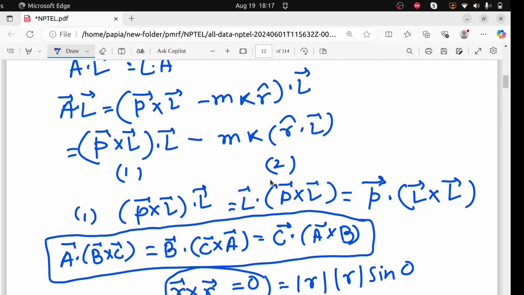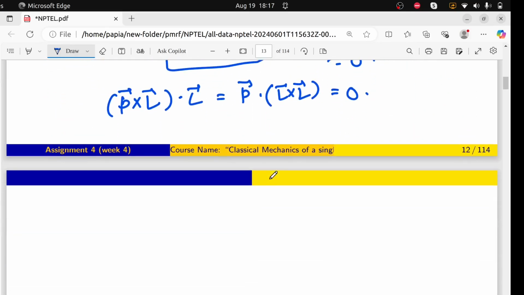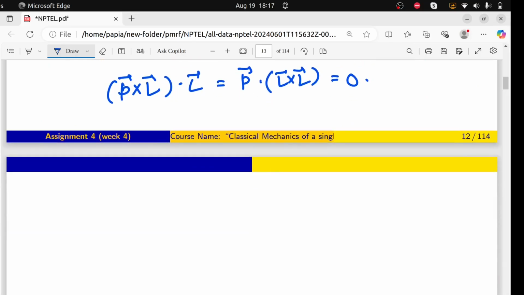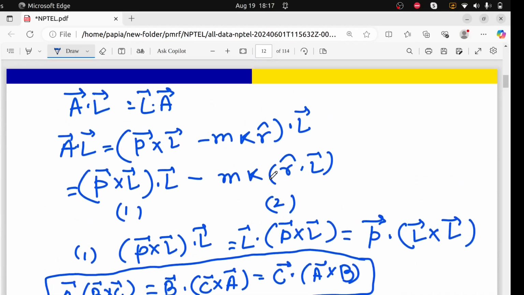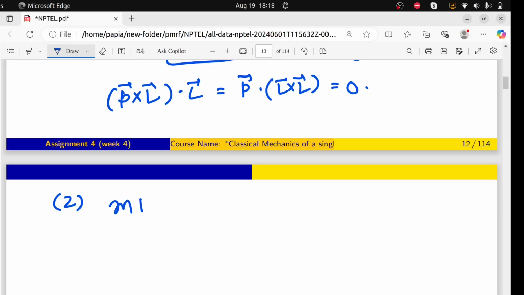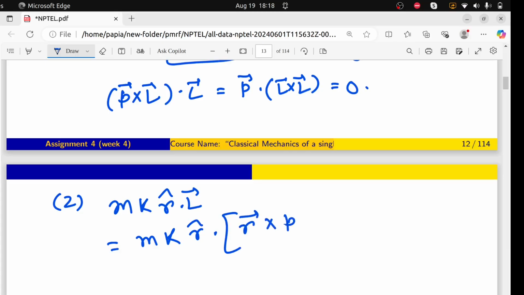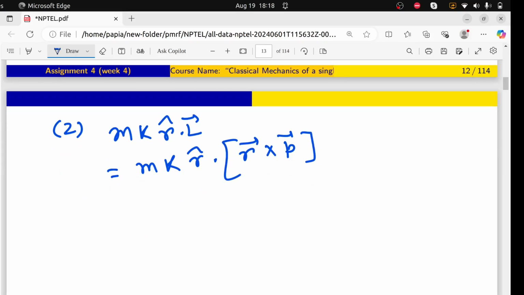Now the second one, having the expression mk r vector dot L vector. Let's say I am writing this one k. L I can write as r cross p, the angular momentum. So r cross p I can also write as r cap cross m v.